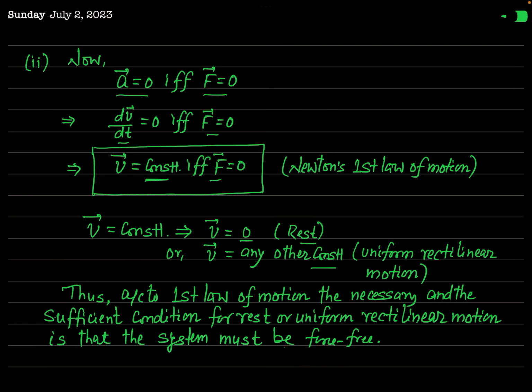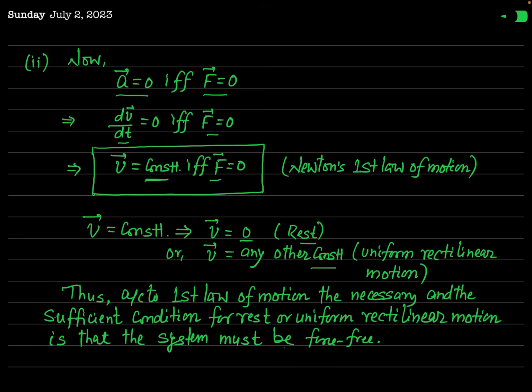And when v is any other constant, it means our body is moving along a straight line with constant speed. Or you can say that v equal to a non-zero constant means uniform rectilinear motion. So Newton's first law of motion talks about uniform rectilinear motion. Uniform motion is also possible on another path.